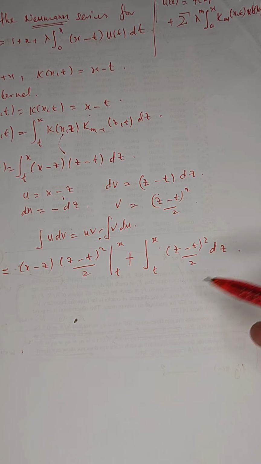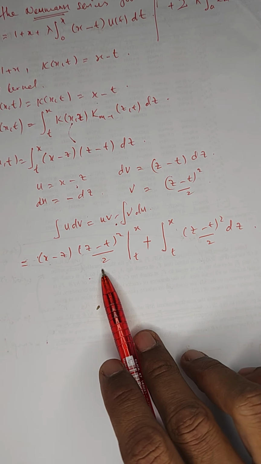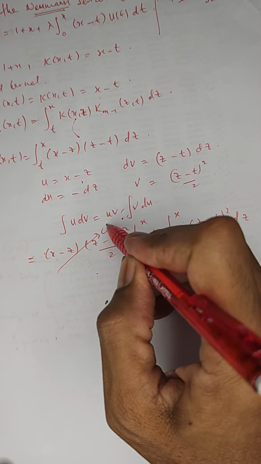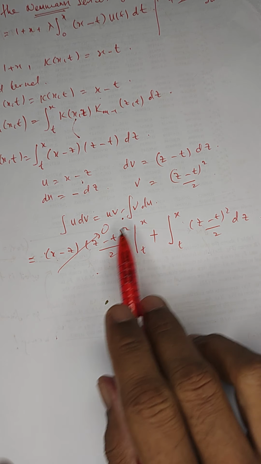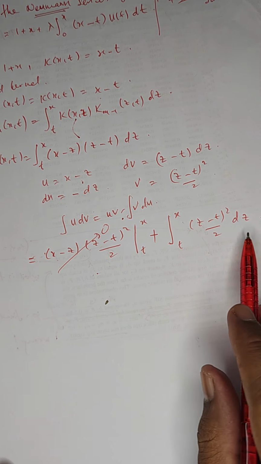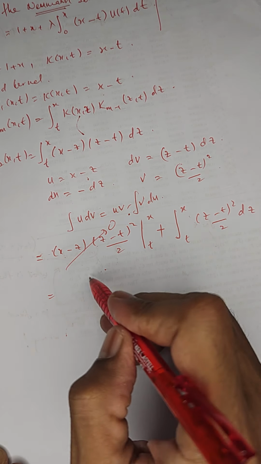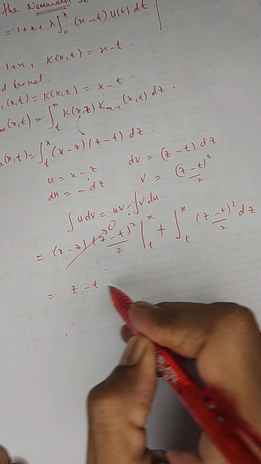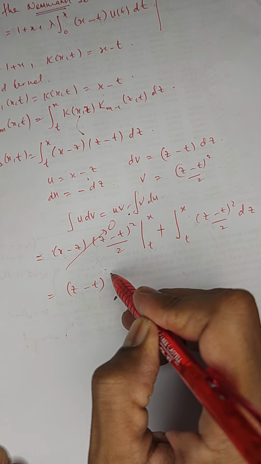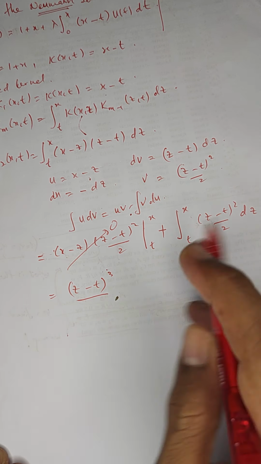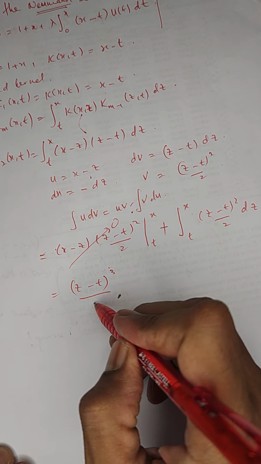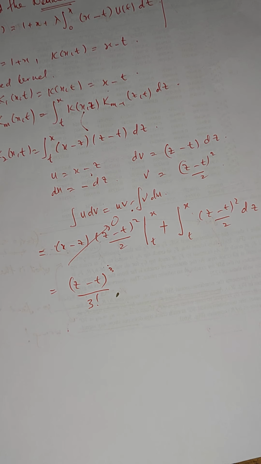Then the uv part gives 0, because at x it is 0 and at t it is 0. What is left is to integrate that, and you get (x - t) cubed over 3 factorial.